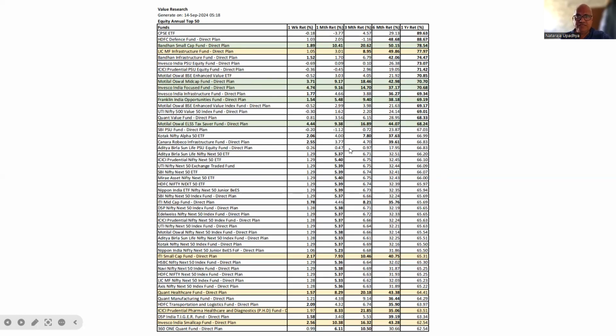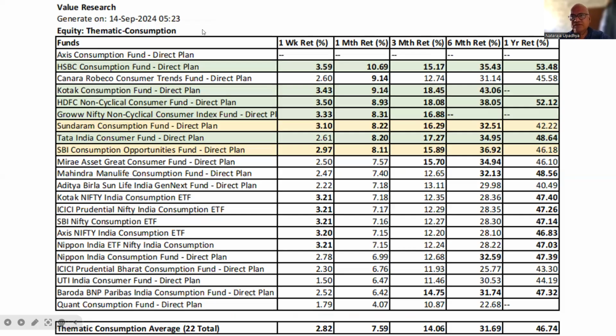So I am giving it here again so that you don't lose this focus while we get into more details by fund subtypes. When we look at a fund subtype, the first one is consumption fund. It doesn't mean that at the fund subtype level, whatever is green is investment worthy.